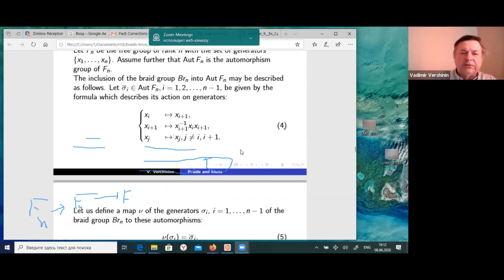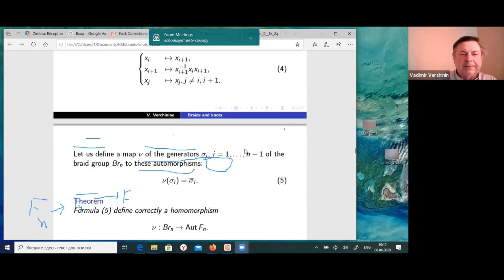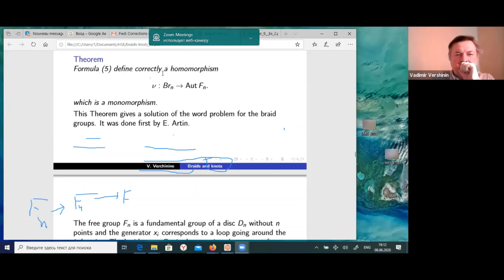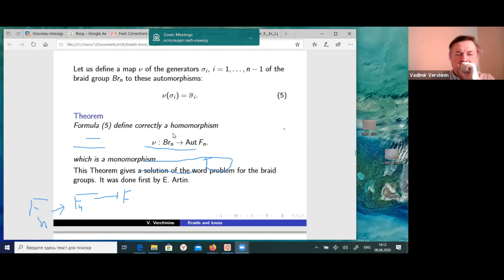The homomorphism will be defined automatically. Okay? So the Artin theorem is that the formula defines correctly a homomorphism, and this homomorphism is an inclusion actually. So the braid group can be considered as a subgroup of the automorphism group of the free group.